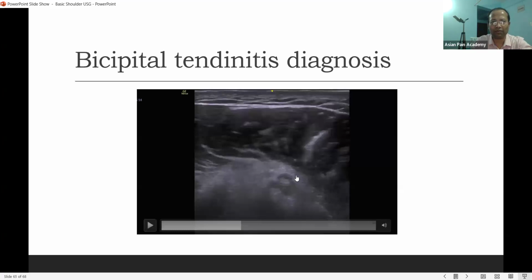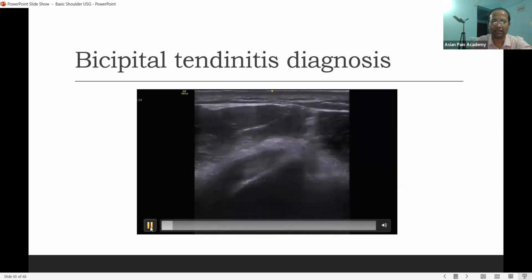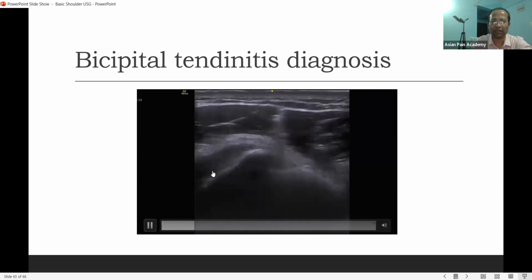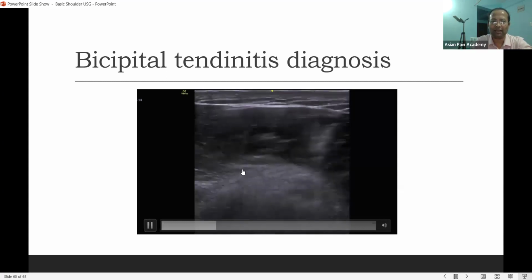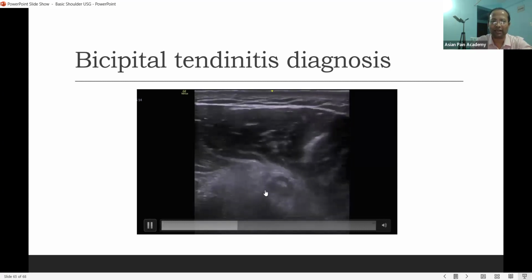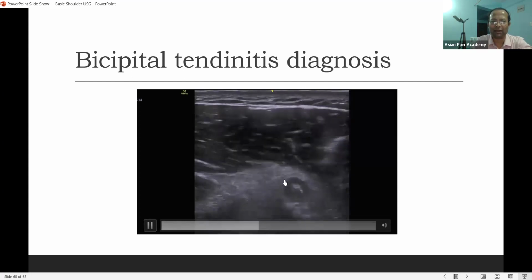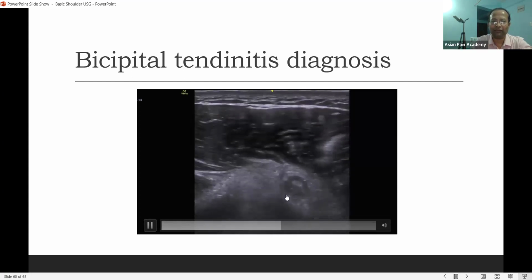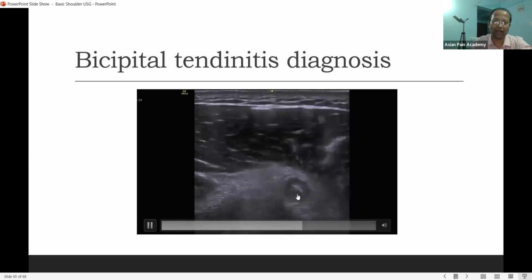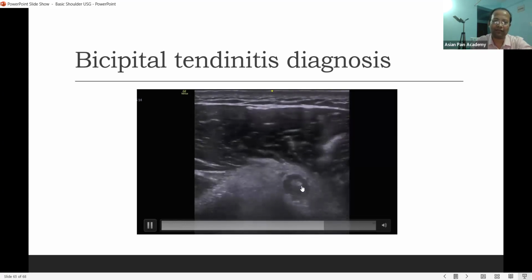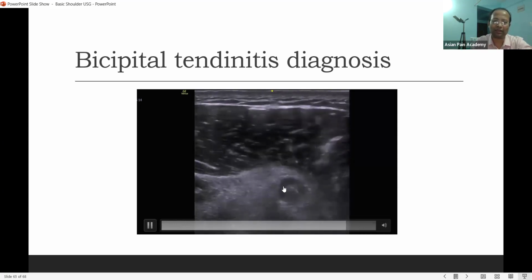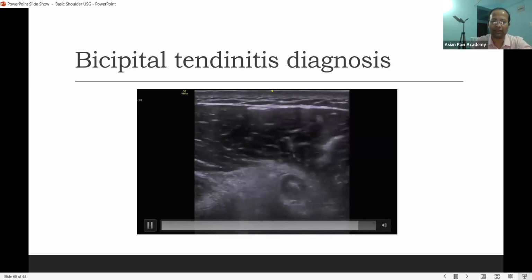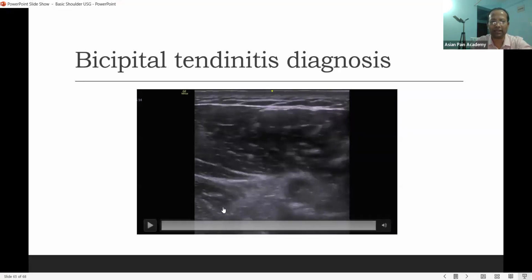Here you can see around the tendon there is fluid accumulation. This is a short axis picture. Again, you see the left side is the medial side, so I can see the subscapularis tendon in the lesser tuberosity in the medial side, and then you see the tendon and around that there is fluid. This is called owl's eye appearance. So this is the fluid accumulation just around the biceps tendon. So this is for bicipital tendinitis.